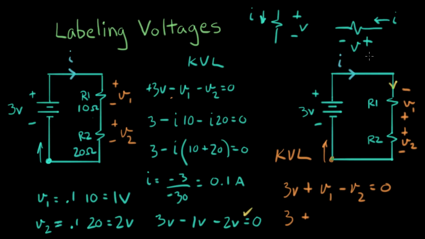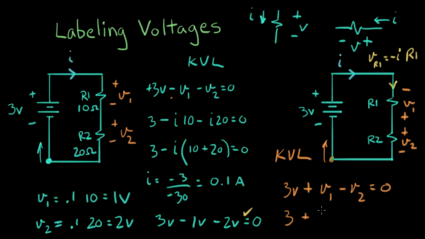So we're going to say VR1 equals negative I times R1. Does that make sense? If we define our current variable to be going in the negative sign, then Ohm's law picks up this negative sign to make it come out right.